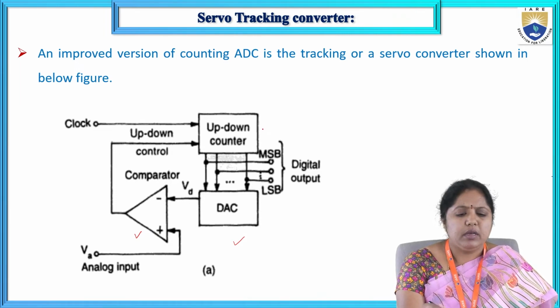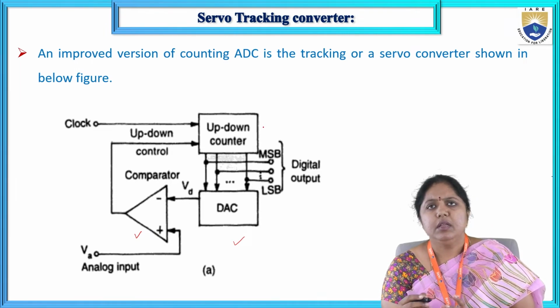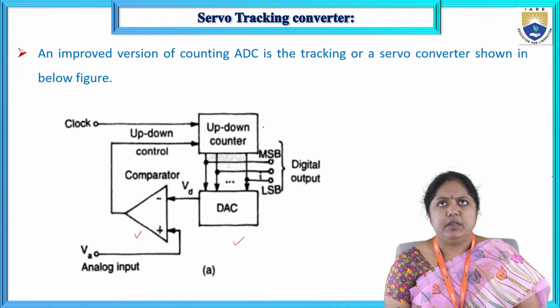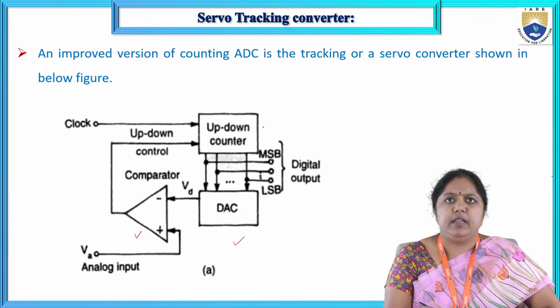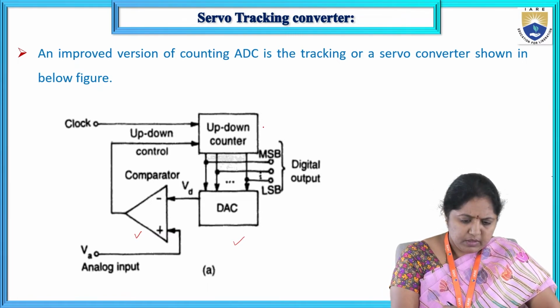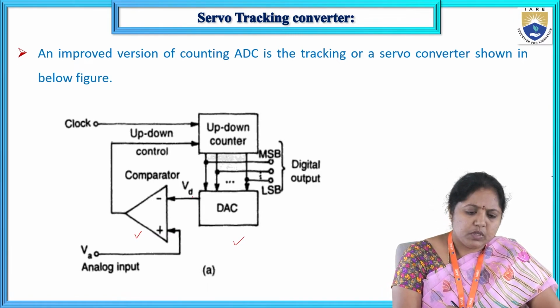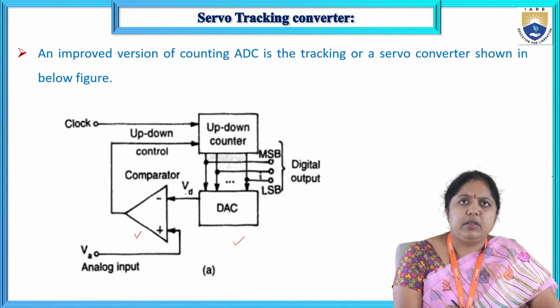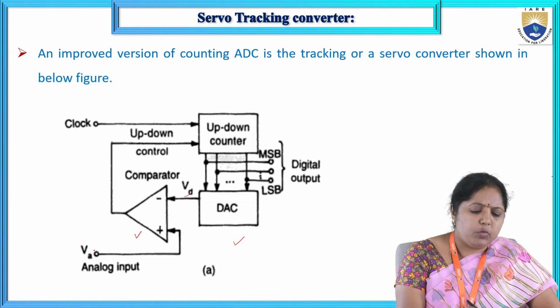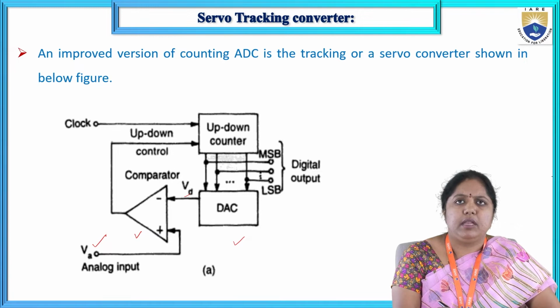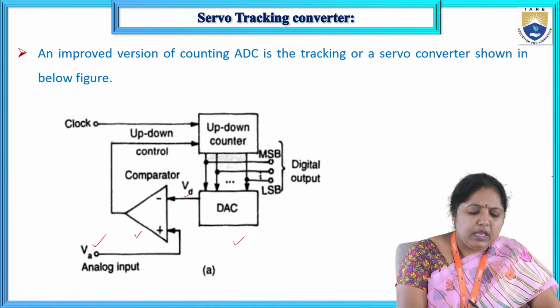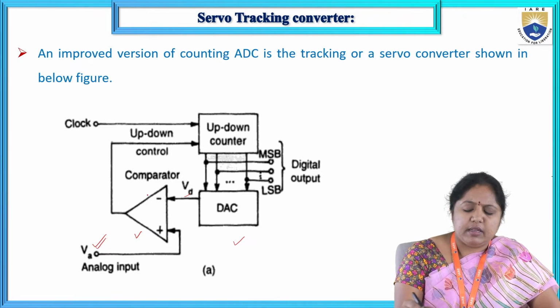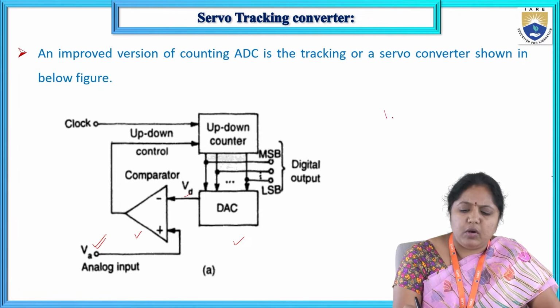Now let us see the operation. In the servo tracking type of converter, the DAC circuit will always track the corresponding analog input signal value. Based on the analog input signal value, the comparator output is either 1 or 0.